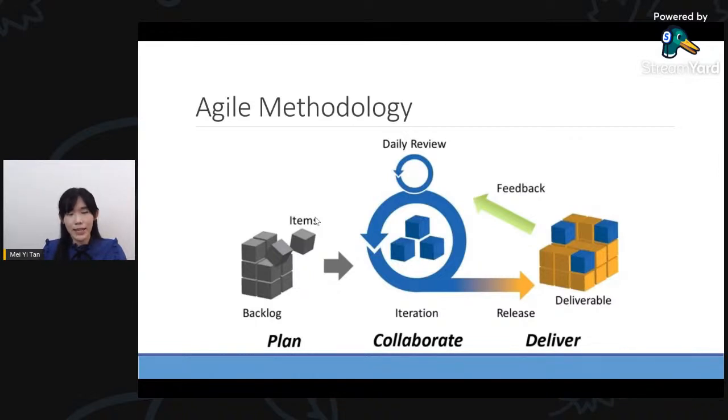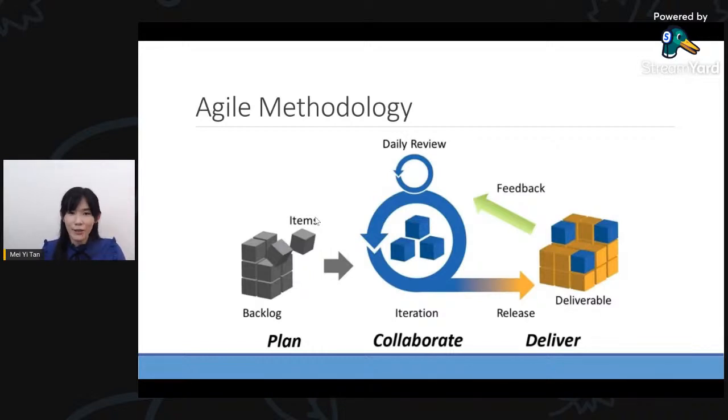Meaning that in the middle portion, the collaborate stage, I release to our customers, I work on it, I get feedback, and I revise. Then I realize that the sprint is already completed. I initially allocated 2 weeks, but now I realize that the 2 weeks are already finished. What should I do if my module is not complete?